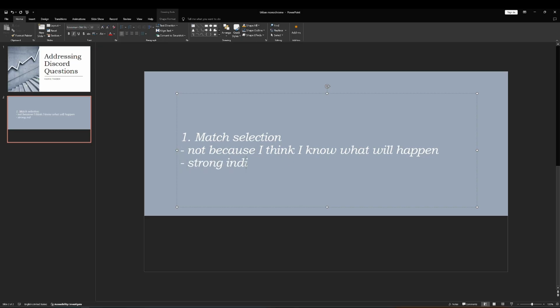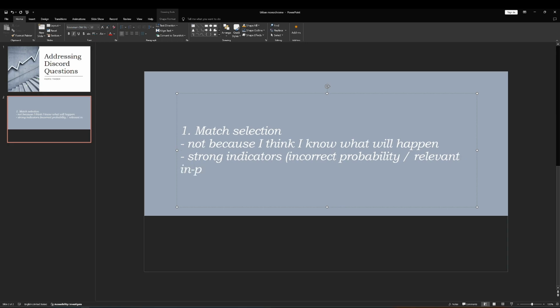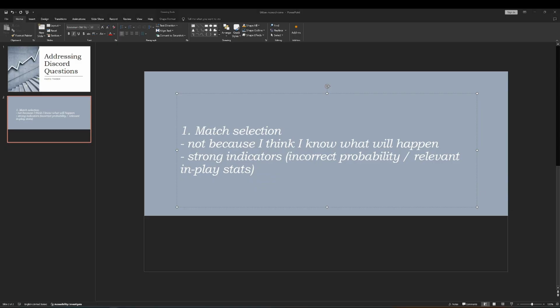Strong indicators, like incorrect probability, relevant in play stats. I'll say what that means a bit later. So this is the most important thing when selecting matches.